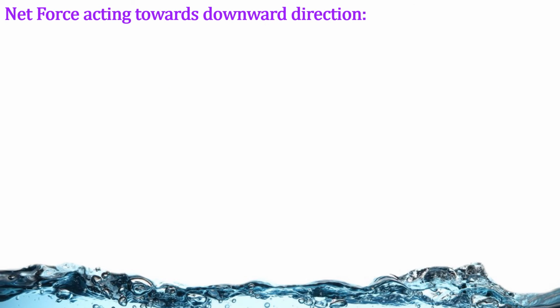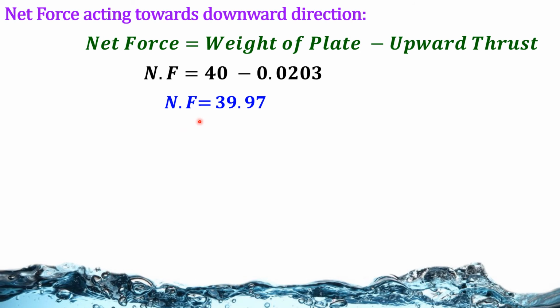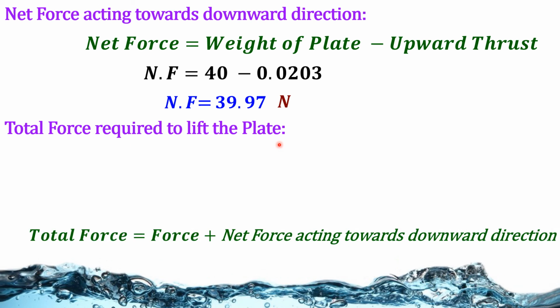Next, we are going to calculate the net force acting in the downward direction. Net force is equal to weight of the plate minus upward thrust. We know that the weight of the plate is given in the problem as 40 Newton. Substituting the upward thrust, we get net force is equal to 39.97 Newton. The last step, total force required to lift the plate.